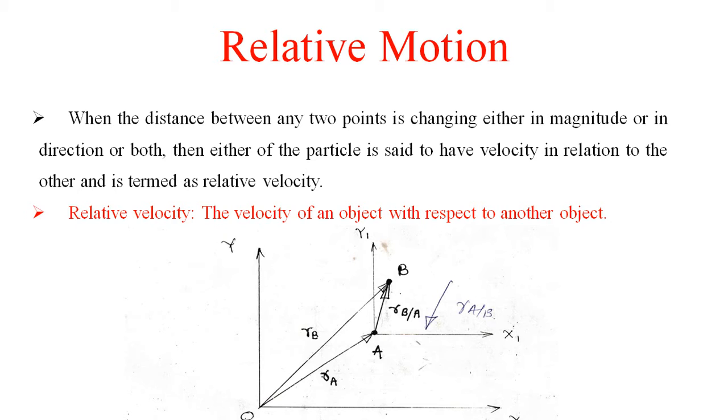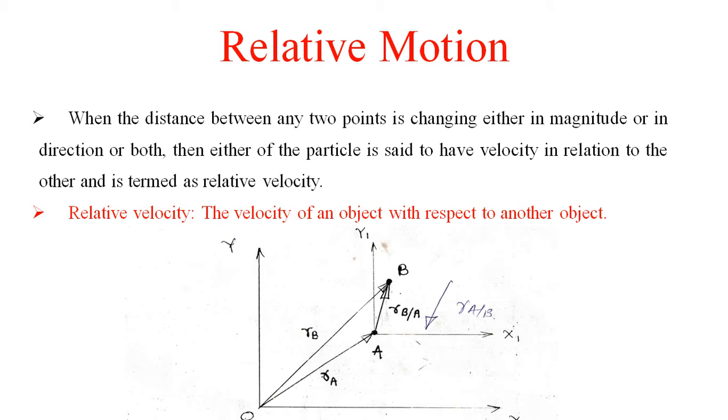But as we know, the earth is also moving in the solar system. So can we relate that velocity with respect to the moving earth? In that case, the solar system becomes the fixed reference point, and the earth has some velocity and the car also has some velocity.